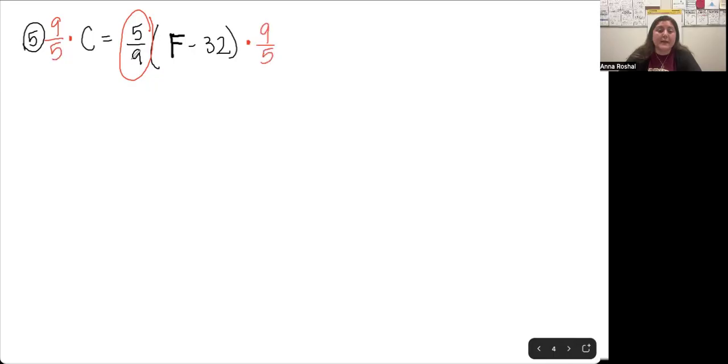On the right-hand side, this 9/5 is going to cancel with this 5/9, and I'm going to be left with 9C/5 equals the Fahrenheit minus 32. Well, Fahrenheit now needs to be alone. So instead of subtracting 32, I'm going to add 32 to both sides.